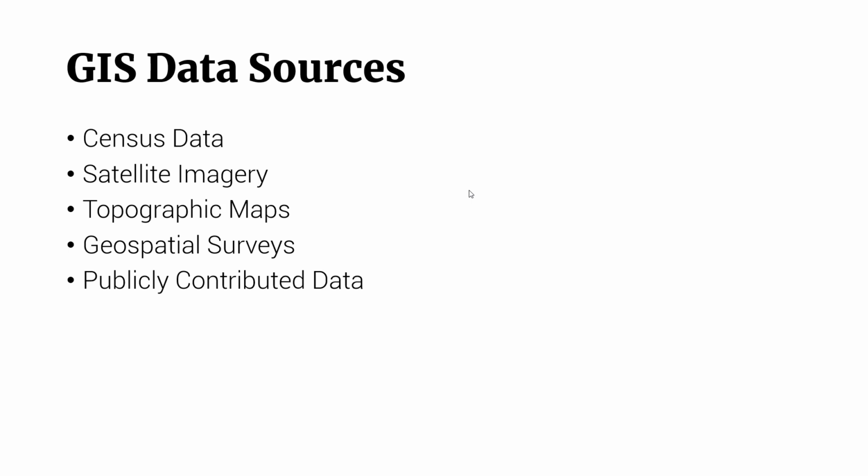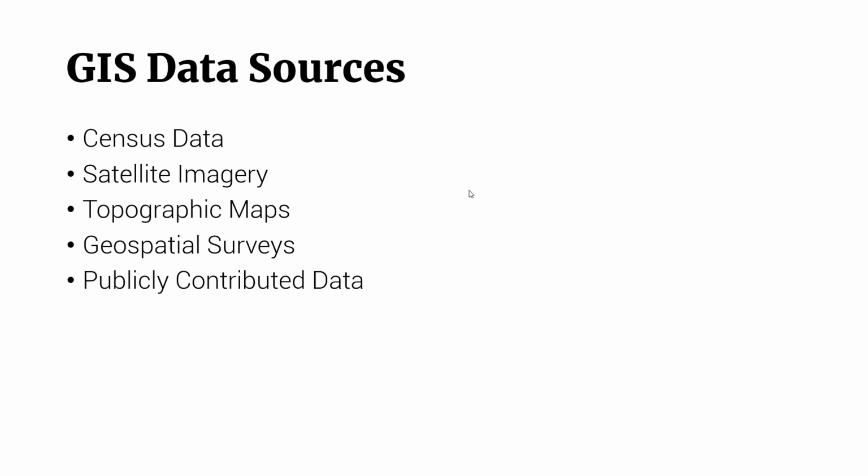Fourth one is geospatial surveys. These are ground-based surveys using GPS technology. So these are field surveys, on-the-ground data collection or gathering. They use GPS, or global positioning system technology, through ground surveys. And the last one is publicly contributed data. These are data from platforms like OpenStreetMap, Google Earth, Mapbox.